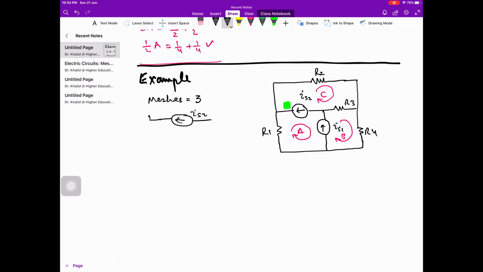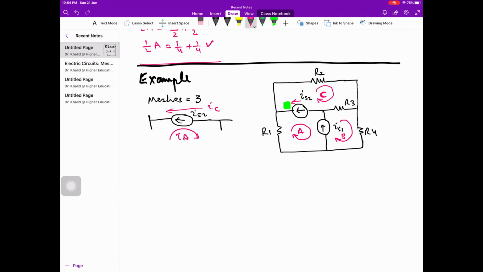I will not show the rest of the circuit. If we look at this side, IA is flowing, and if we look at the upper side, this is IC. Look at the original circuit, IC is clockwise, flowing through this in the direction shown in red.